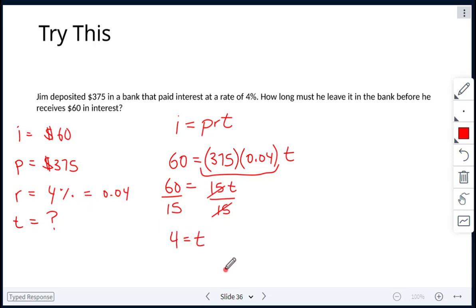So 4 is equal to T. Therefore, he has to leave it in the bank for 4 years to earn the $60 of interest when his principal amount was $375 and the interest rate is 4%.